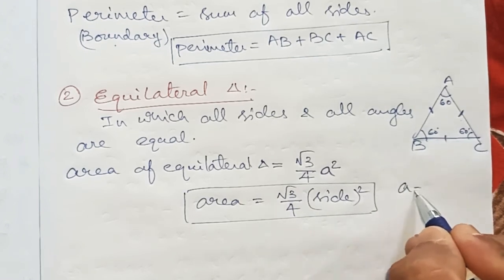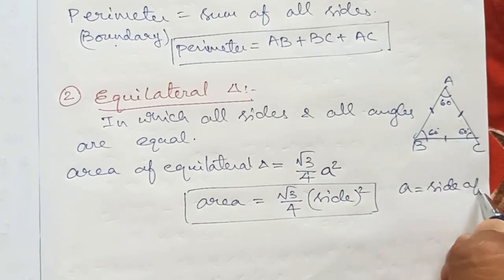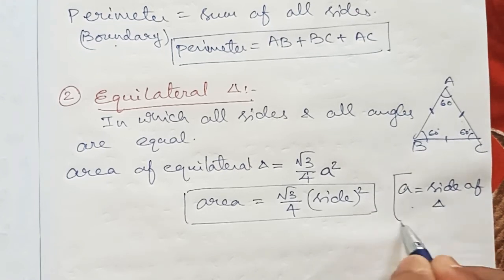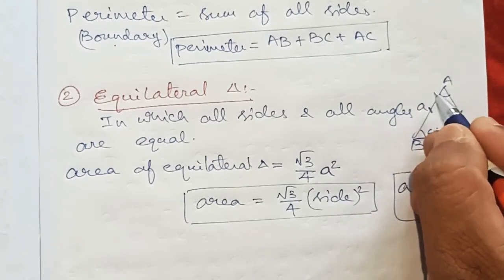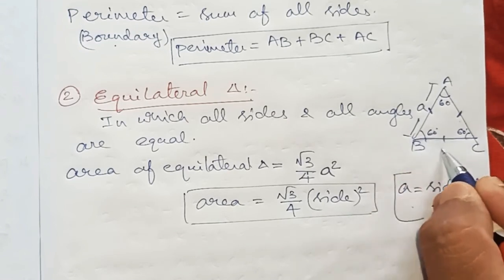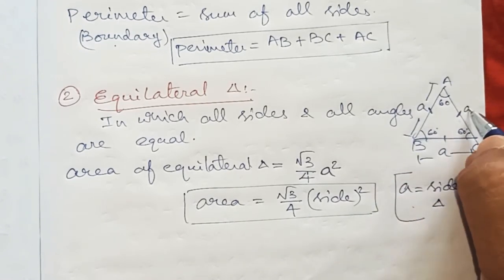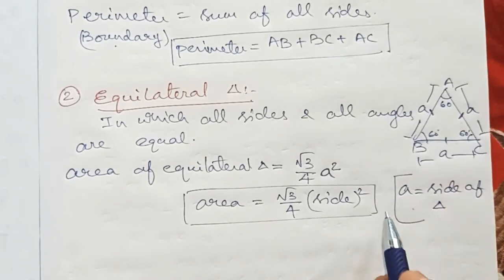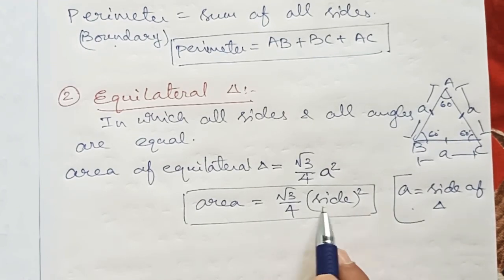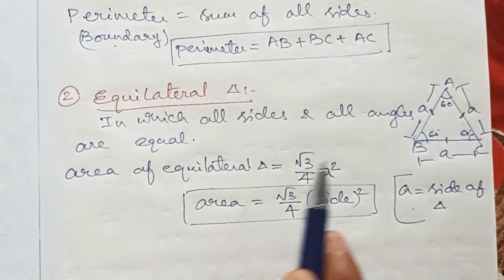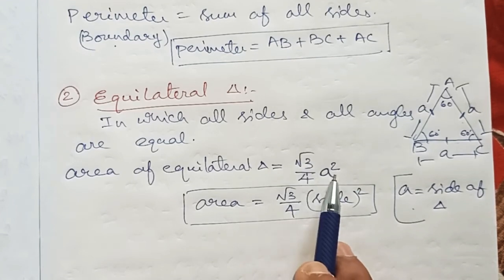What is A? A is the side of the triangle. Suppose this side is A, this will also be A, this will also be A, that's why I have taken A square, that is side square. So the area of any equilateral triangle is root 3 by 4 A square.